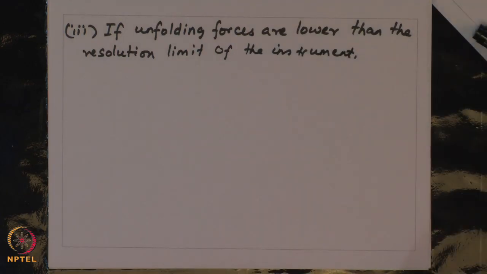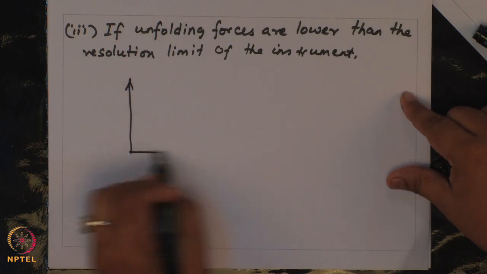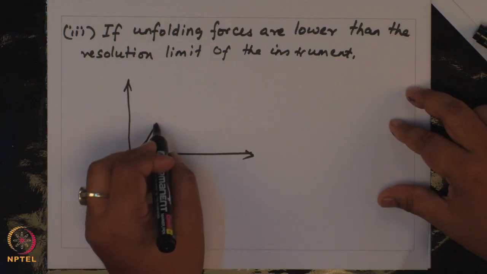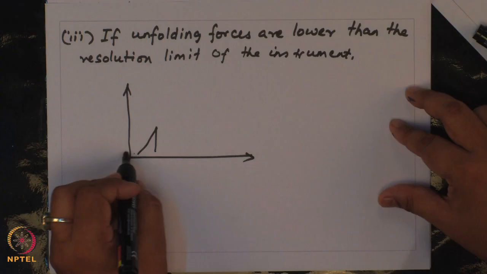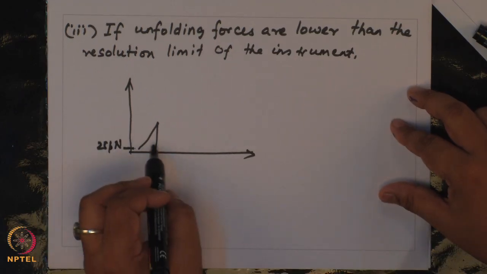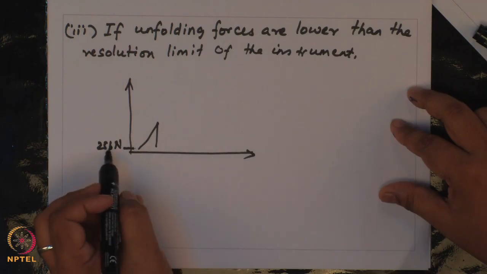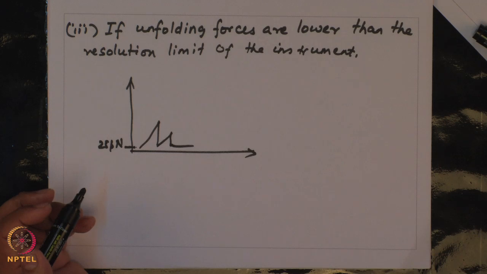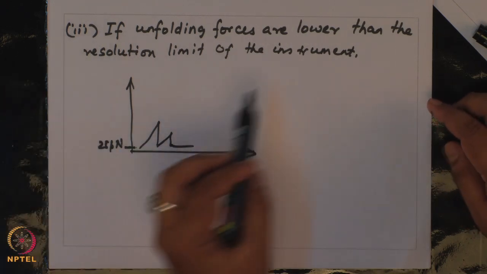In other words, in your force scale, if you cannot resolve below 20 piconewtons, you do not see anything below that. Let us say the absolute lowest is 25 piconewtons. You will not get any spectra for a peak below 25 piconewtons, and again you will not even notice. So, this is the other case where the unfolding forces are very low and your instrument cannot detect those forces. But still there is a broad area over which you can operate and find out the unfolding spectra.